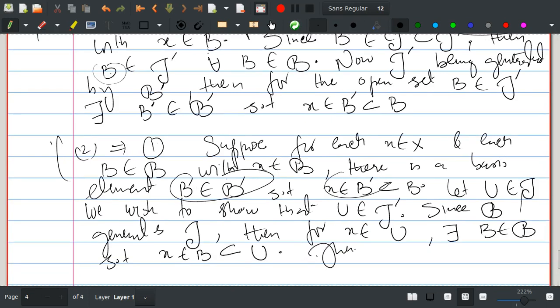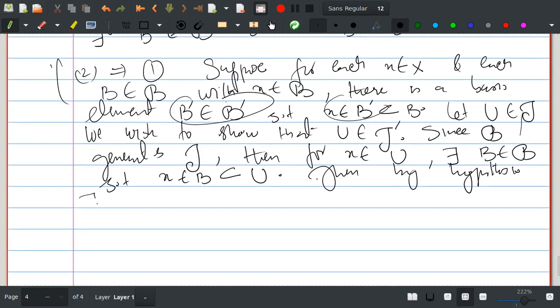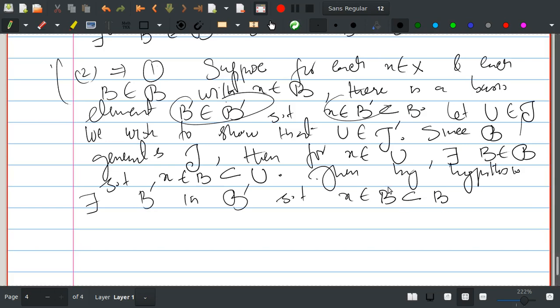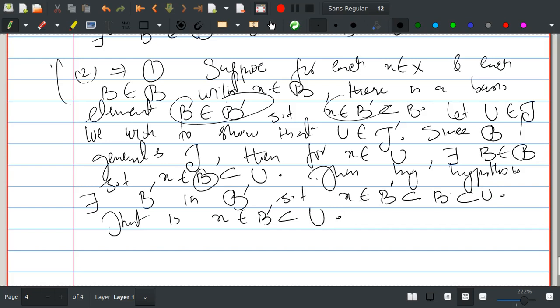So then by hypothesis, there exists b prime in B prime such that x is in b prime and b prime is contained in b, but b is contained in U, that is x is in b prime and b prime is contained in U. So we have shown for this open set U, and for any element x in this open set we are able to find a basic element b prime in this fancy B prime with this condition.